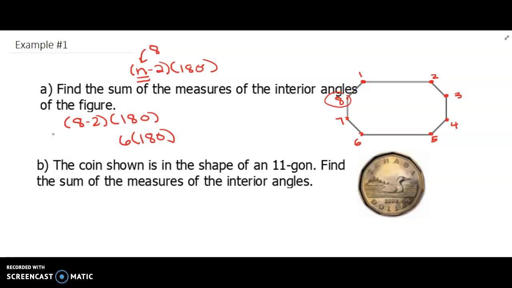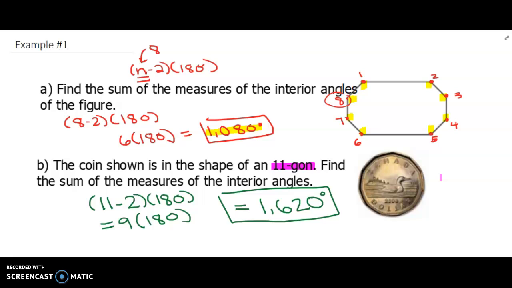And if I put that into my calculator, 6 times 180 is 1,080 degrees. So in other words, if I add this angle, plus this angle, plus this one, plus this one, plus this one, plus this one, plus this one, plus this one, it will always sum to 1,080 degrees. All right, I want you to go ahead and do B on your own.